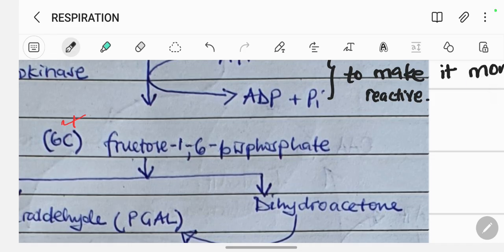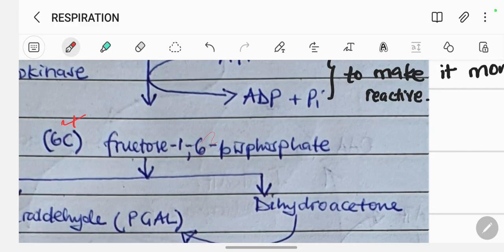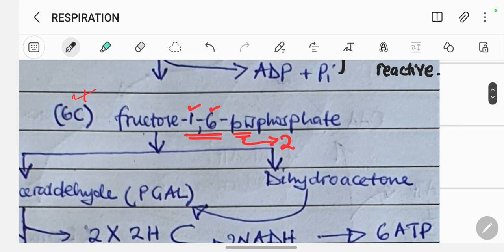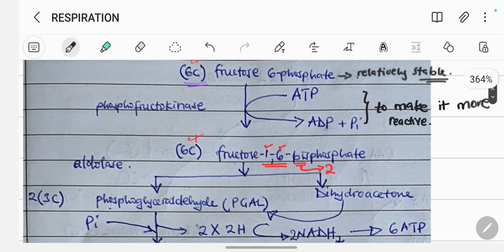So from our organic chemistry, one phosphate group is sitting at carbon atom 6 and the other one is sitting at carbon atom 1. So it's the reason why you have 1,6 and bi means 2, bisphosphate there.